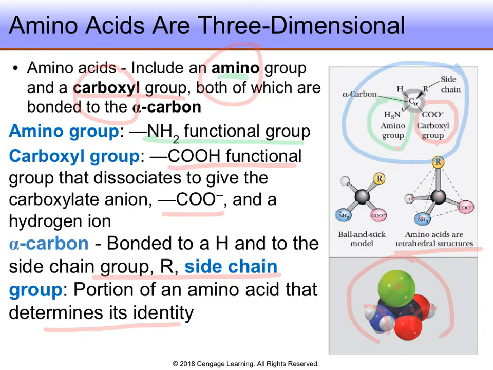You have a central alpha carbon and four things hanging off of it: the amino group, the carboxyl group, a proton, and an R side chain. The R side chain is really important, and we're going to discuss it more in the next section, when we look at the different activities and properties of these amino acids that exist in vivo.